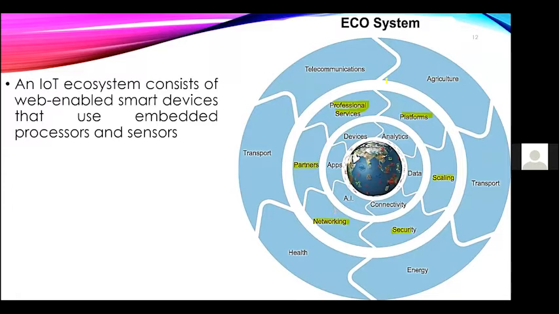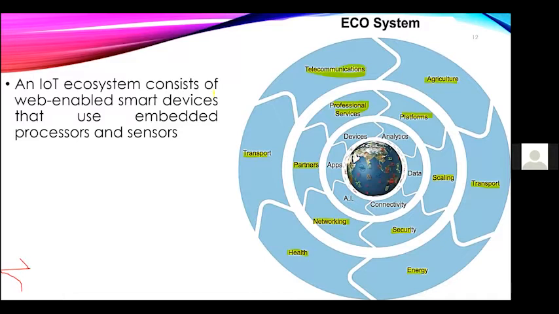On the larger scale, there are many broad application domains, which encompass the domains in which expansion with the IoT can be done. So here agriculture is one domain, transportation, energy, health, and telecommunication.